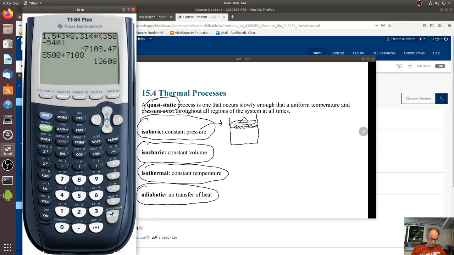Here's a weight, mg. And here's a gas in here. That piston can move up and down. So if I put heat into this gas, Q, this piston will rise. It'll lift up that weight, but the pressure will stay constant because the volume will expand and the pressure will stay constant.